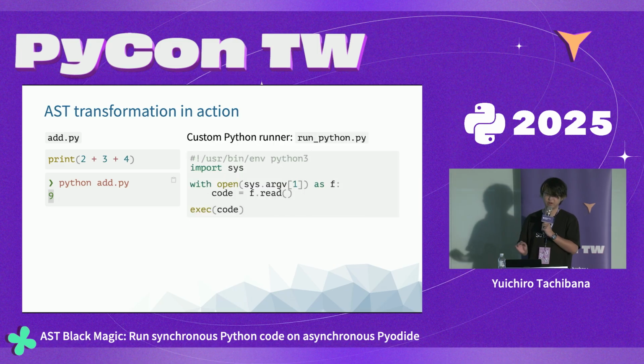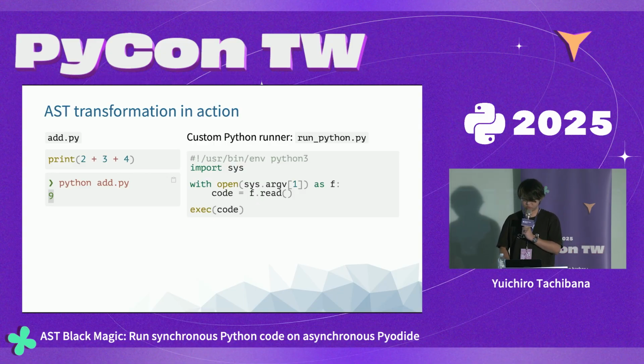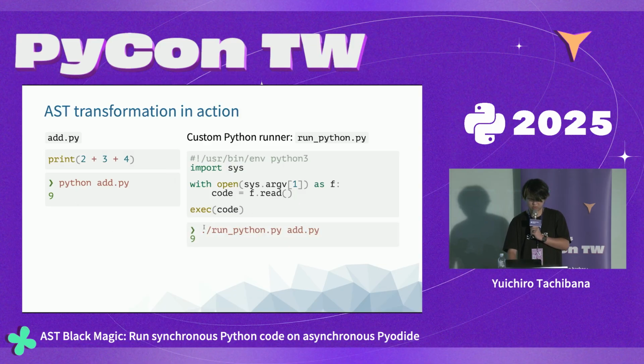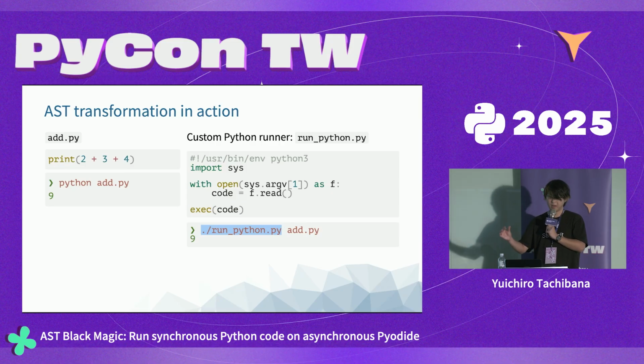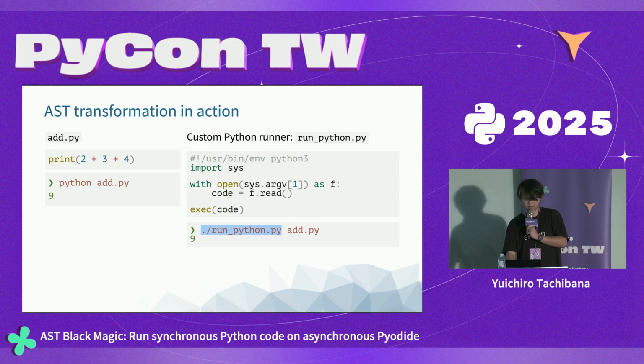Let's consider creating our own custom Python runner, run_python.py, like this, that can be used in this way. You can call this Python script as a command with an argument pointing to add.py like this.